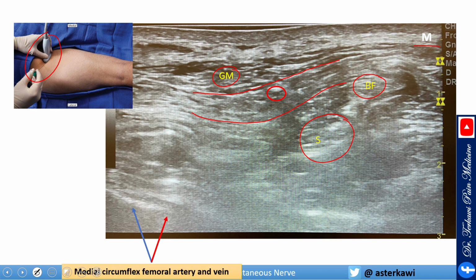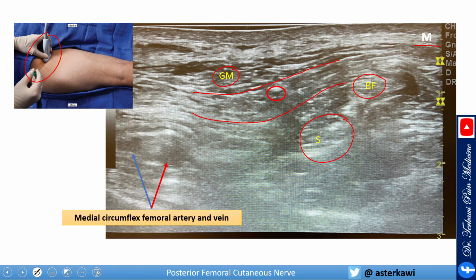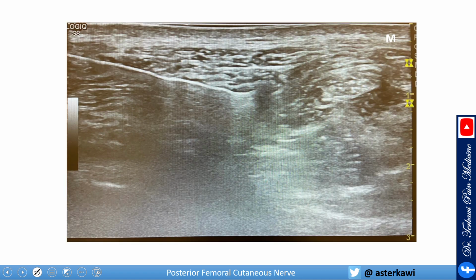Here you see the artery and the vein of the medial circumflex femoral. If you see them, you just need to go more medial. Then you bring your needle from lateral to medial and do the block or the radiofrequency treatment.